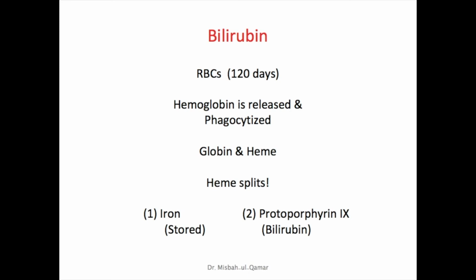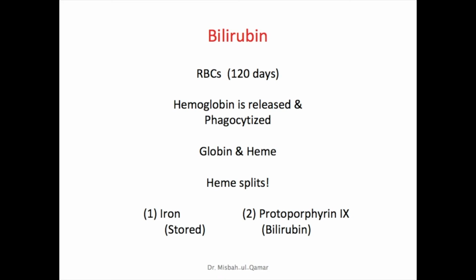I'm sure you don't remember the origin and the fate of bilirubin, which was taught to you in the first year. So let's briefly revise it. You see, RBCs rupture after 120 days, and the released hemoglobin is phagocytized by tissue macrophages and splits into globin and heme.